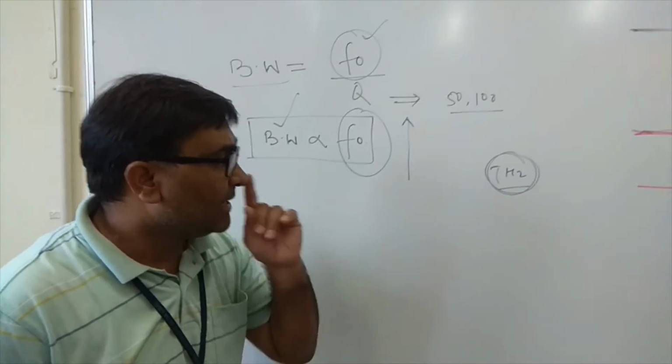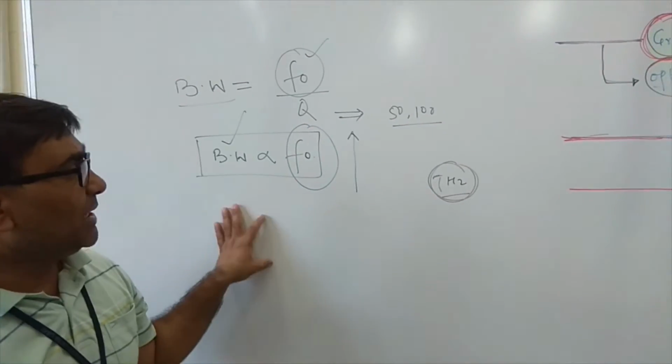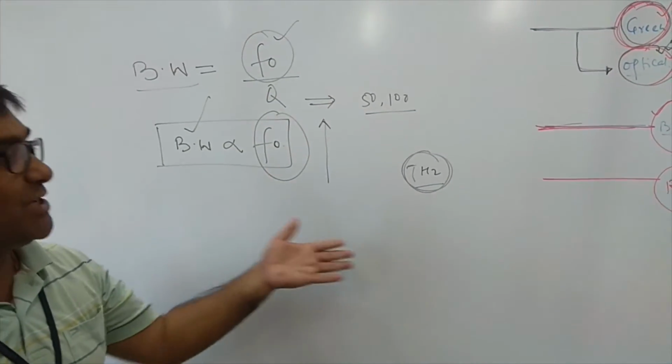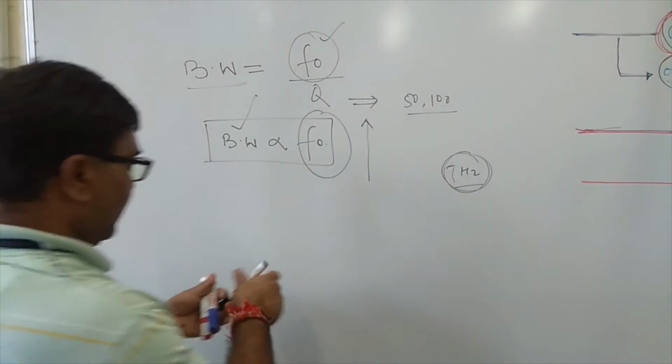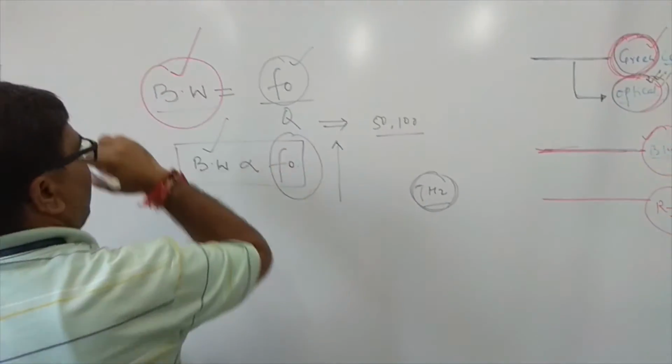Attenuation will increase, right? So microwave has its own disadvantage, and at very high frequency it will show very high attenuation in the later phase. But now we will prove how this bandwidth is very high in the case of an optical communication system.